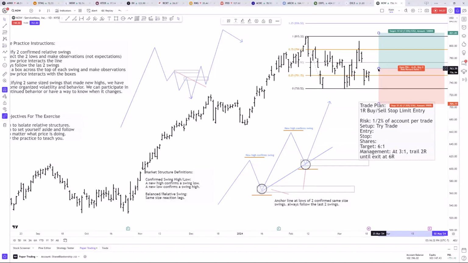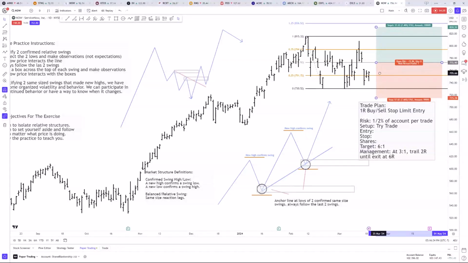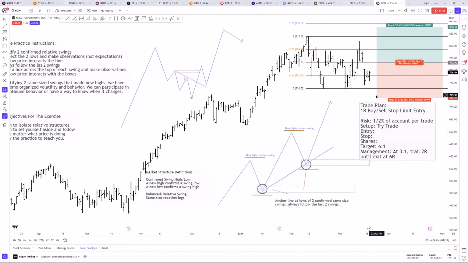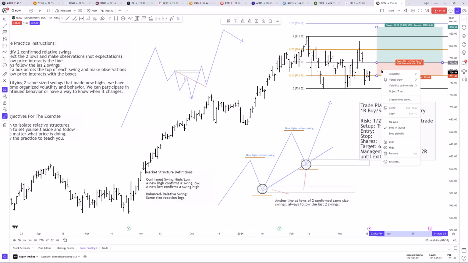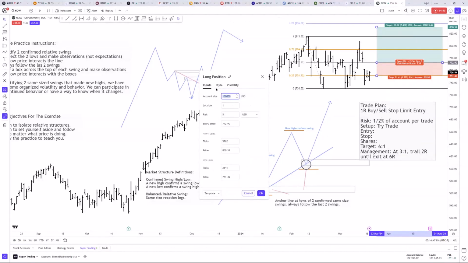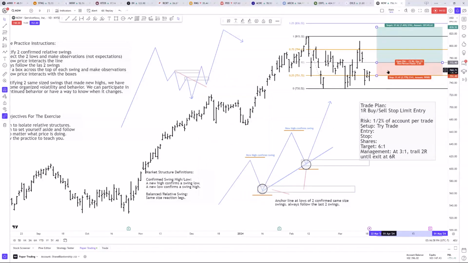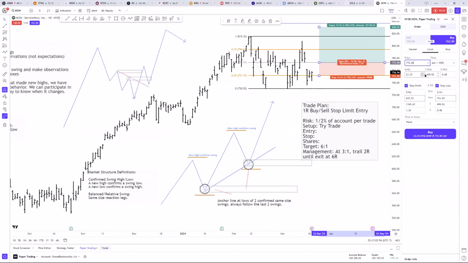So let's just use our tool to help set up the order here. Let's get a good visual. I already know my position sizing. It's going to be 0.5% for each trade. Let's create an order off of this.